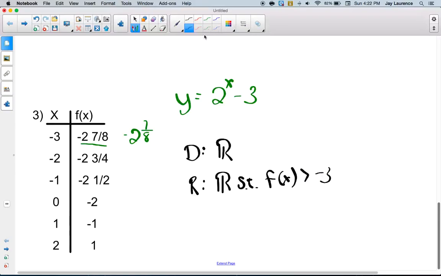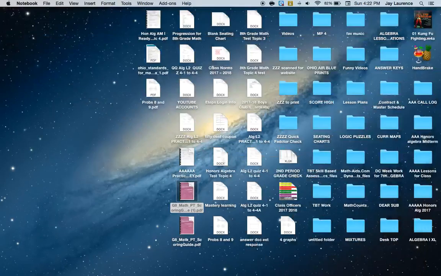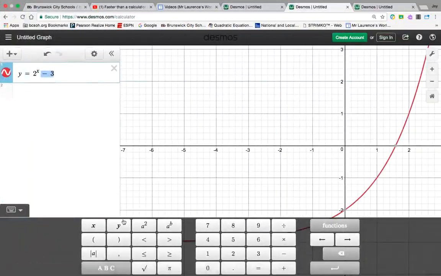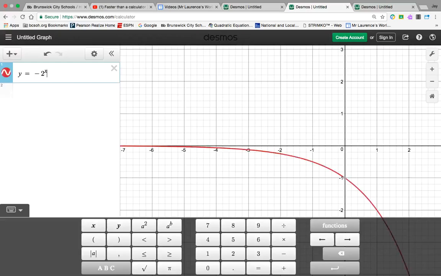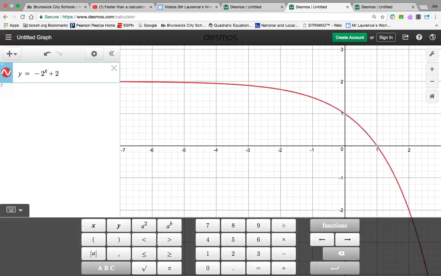Now, in the case where the graph would open the other way, let me see if I can get one to show up here. Let's go to Desmos. Okay, let me change this, and let me go with negative 2 to the power of x. And let's go with plus 2.